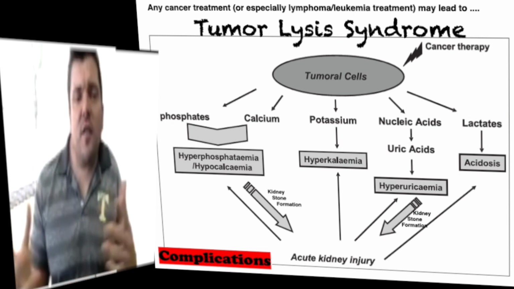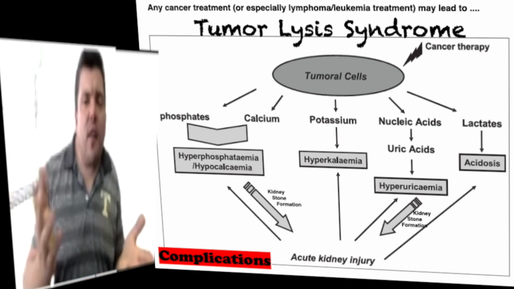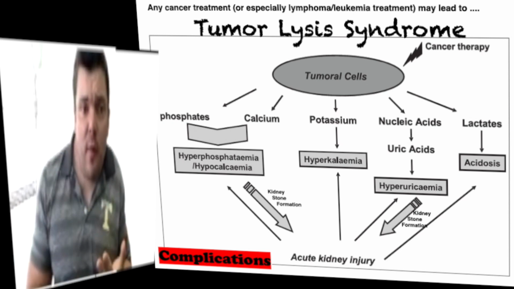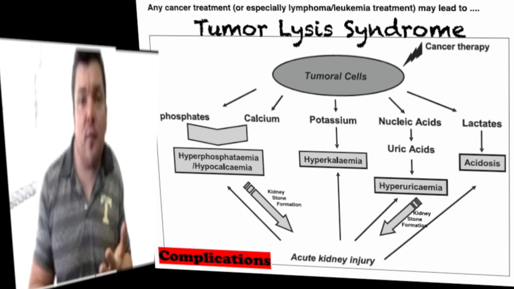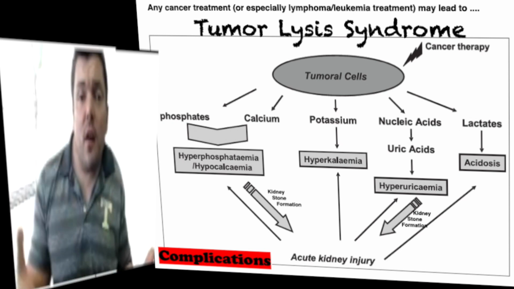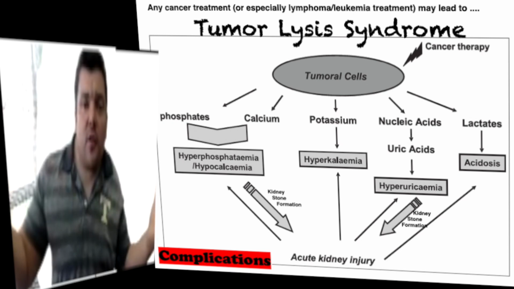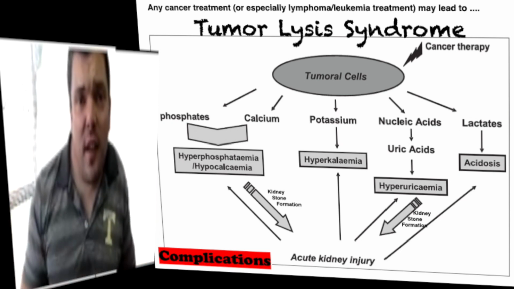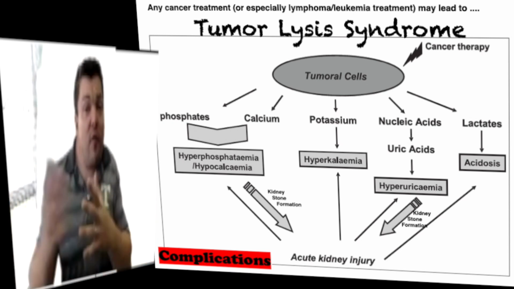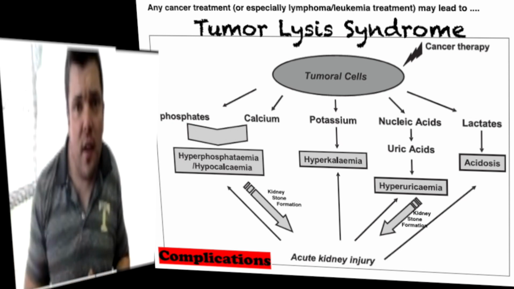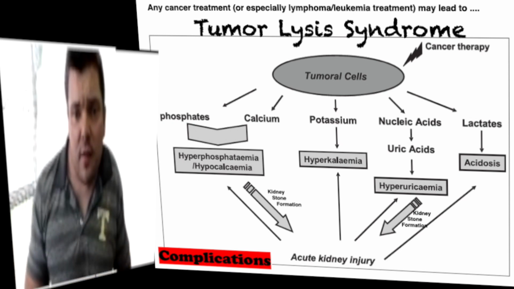So phosphates and calcium bind together, forming calcium phosphate stones, and can cause electrolyte imbalances for both phosphate and calcium. When they bind together, they can cause kidney stones. Intracellular potassium that's suddenly extracellular can cause hyperkalemia, which can have cardiac consequences and cause disruptions in how the heart beats.